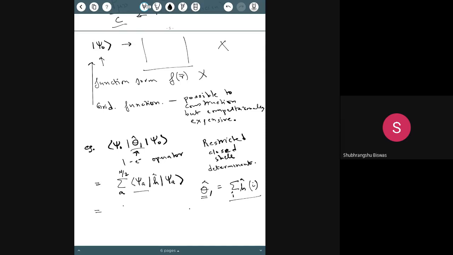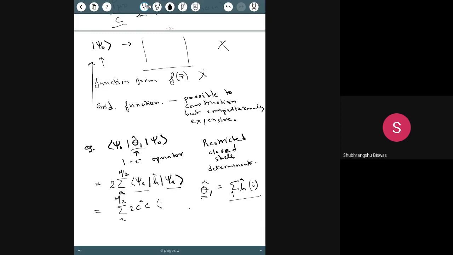Now, if I expand every MO in terms of the coefficient matrix, there will be a 2 here. Then I expand the MOs in terms of the AOs, and I will get C star C. I'm not writing all the indices.